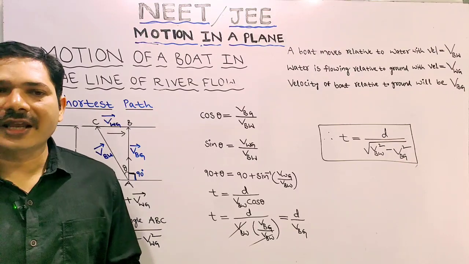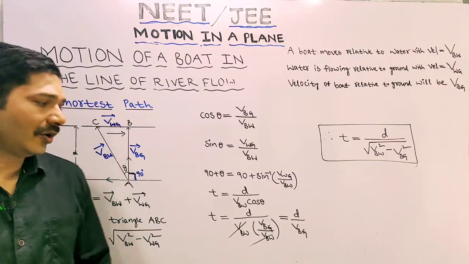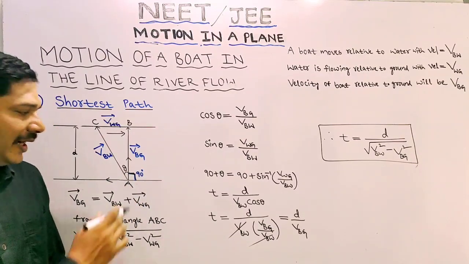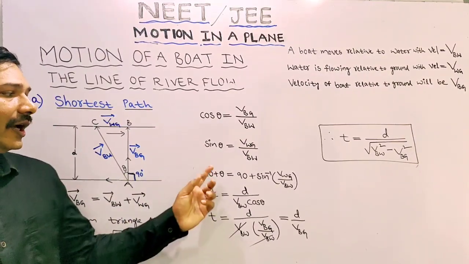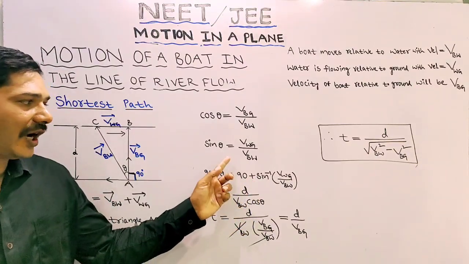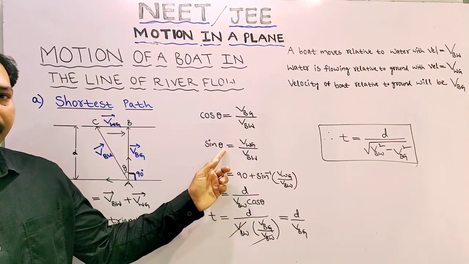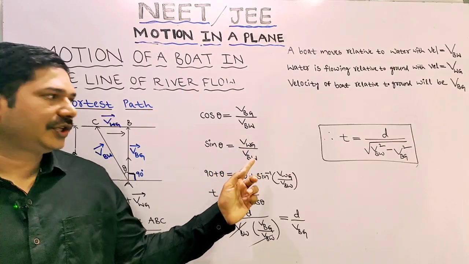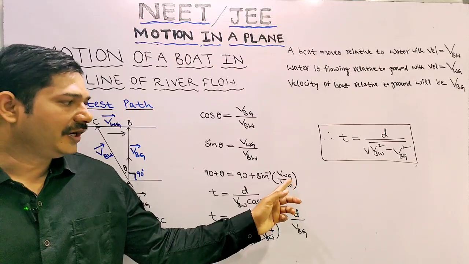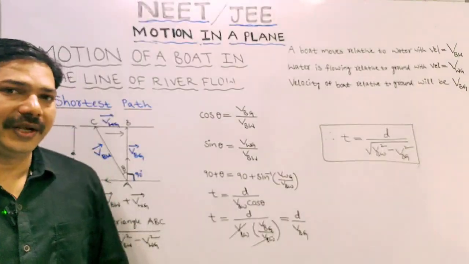The angle with respect to the ground, how much total? 90 degrees plus theta. From the sine function, sine theta equals V_WG by V_BW, so theta equals sine inverse of V_WG by V_BW.